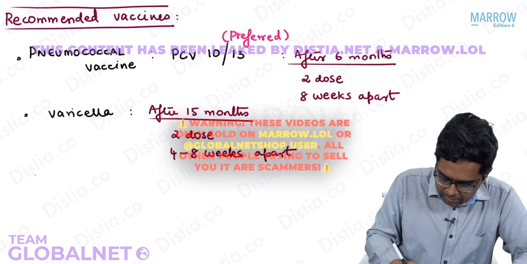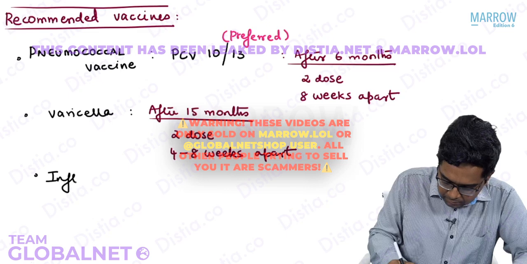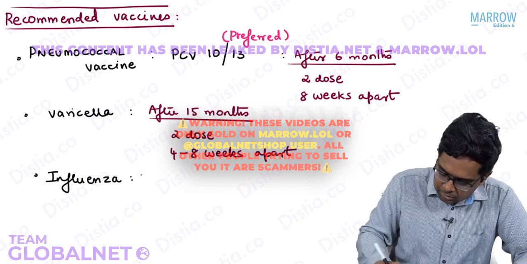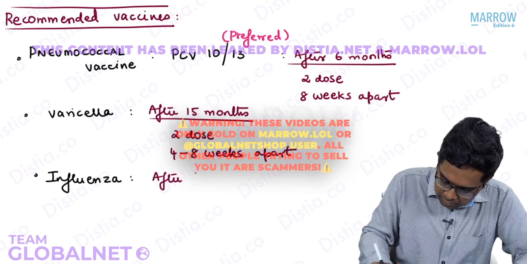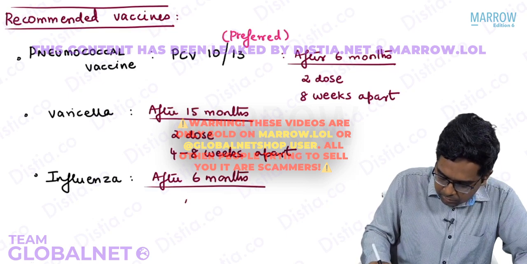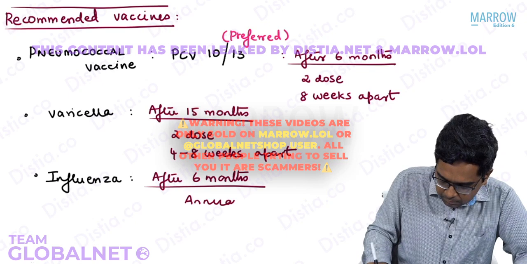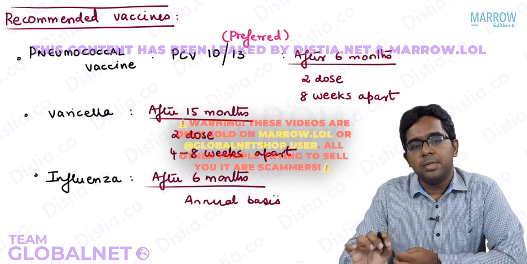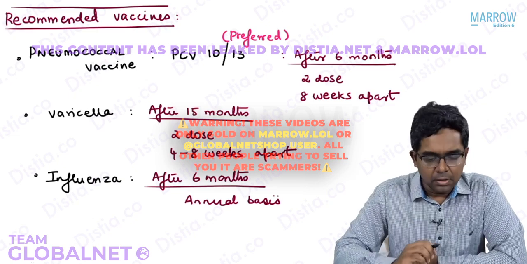Third vaccine which is recommended in these children is influenza vaccine, which is an inactivated vaccine recommended for children after the age of 6 months, and this vaccine is usually given on an annual basis. Okay, so these are some of the recommended vaccines in a child with nephrotic syndrome.